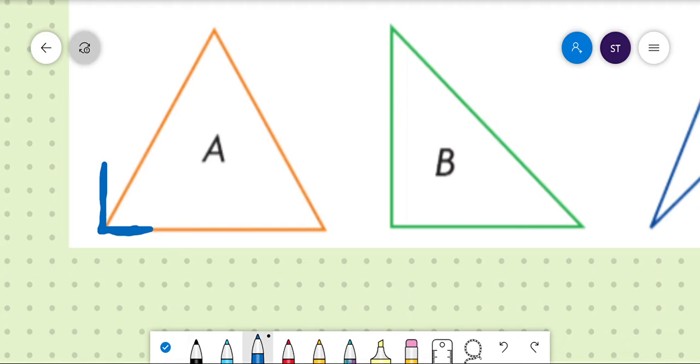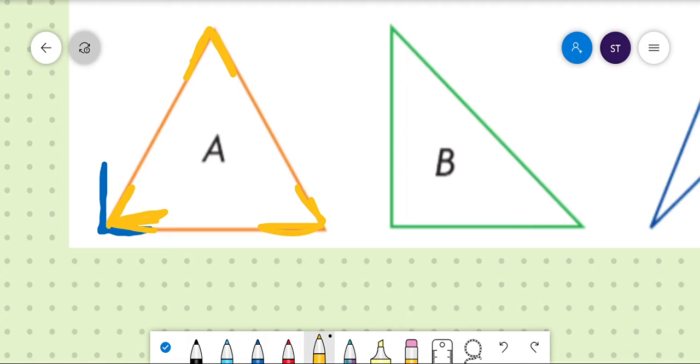But because triangle A's angle goes from here to here, it is smaller than a right angle. Also, this angle is smaller than a right angle, and so is this. So if I was describing that triangle by its angle, I would say that triangle A has all angles that are smaller than a right angle.